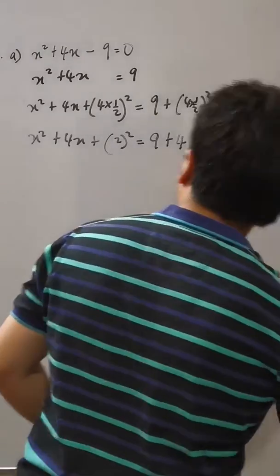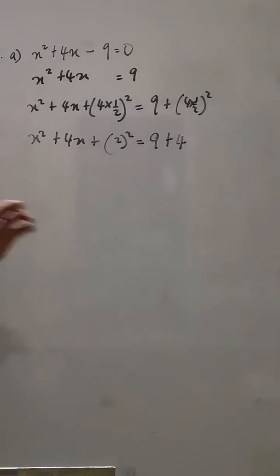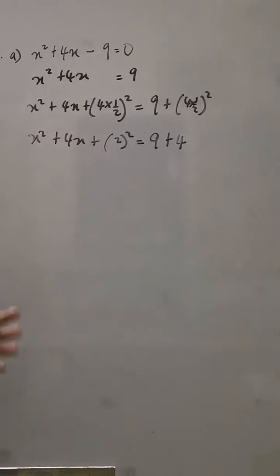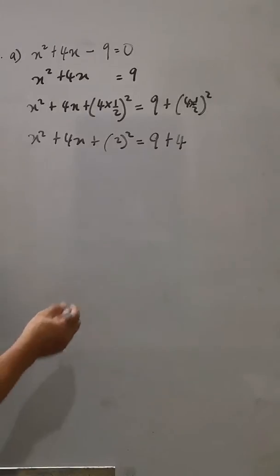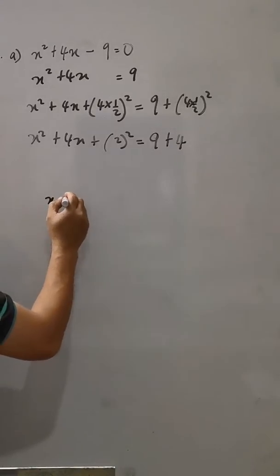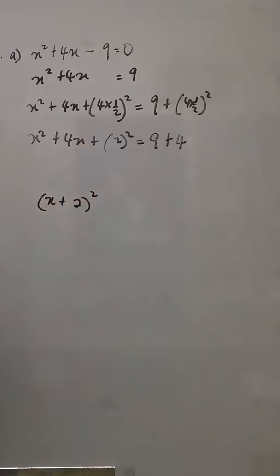Why do I leave it like that? Because you have to do the factorization. If you change to 4, no problem. But if you do not change, the factorization will be x plus 2 bracket squared.